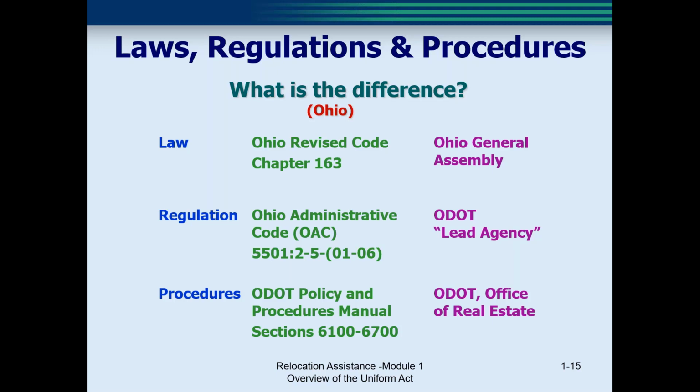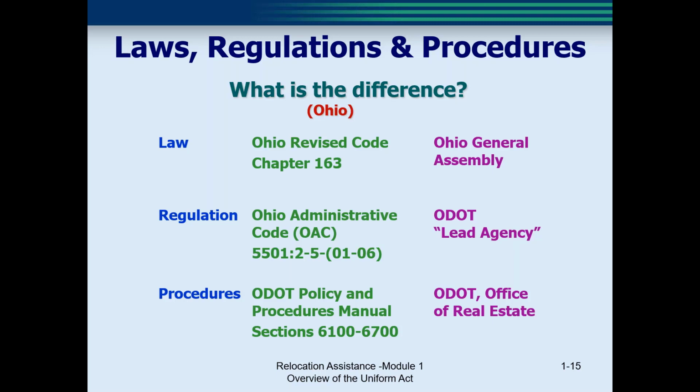And finally, the Ohio Revised Code and the Ohio Administrative Code are all adopted in a set of policy and procedure manual sections that define how the acquisition, the appraisal, and the relocation processes are put into practice at ODOT.